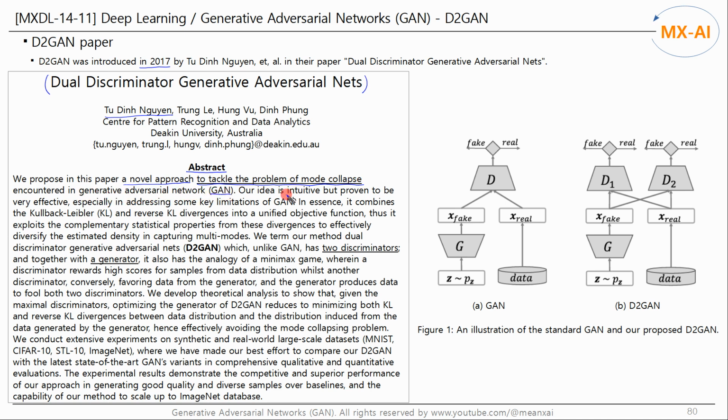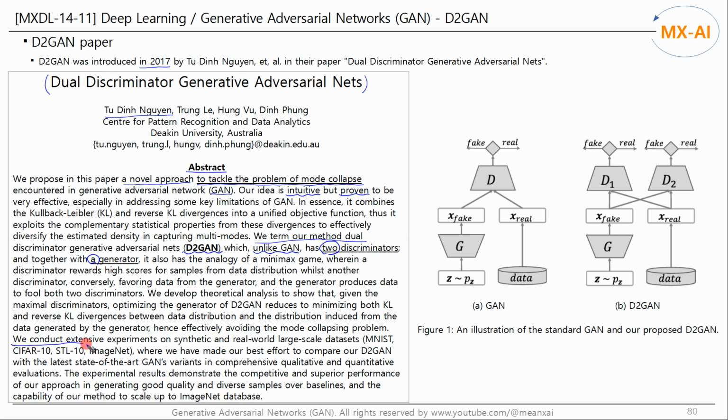Our idea is intuitive but proven to be very effective, especially in addressing some key limitations of GAN. We term our method Dual Discriminator Generative Adversarial Nets, D2GAN, which, unlike GAN, has two discriminators and a generator.